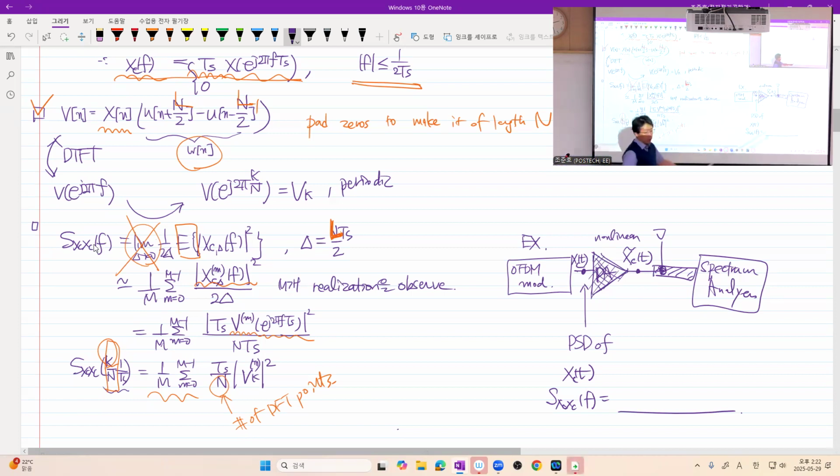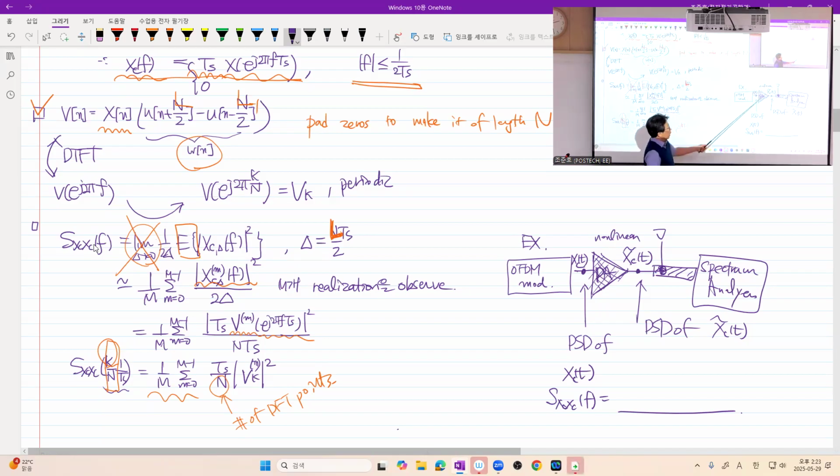The problem is, what is the power spectral density here? We cannot have some exact formula. In that case, the simplest thing is what? To rely on this approach. Got it? So what we do is that we sample this one, and of course you can use spectrum analyzer, but what I'm saying is that by numerical simulation, okay?